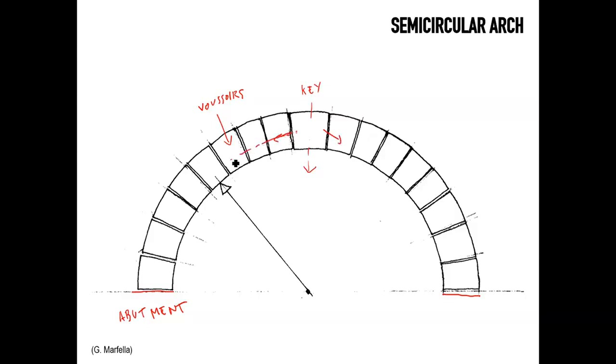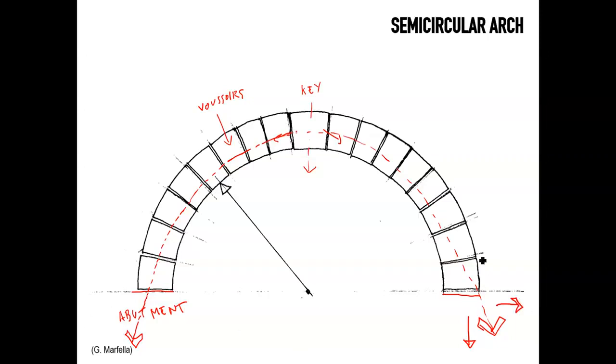So what happens in essence is that these compressive loads tend to transfer themselves and eventually result in a discharge on the sides, which, depending on the configuration of the arch, may have two components of discharge of the loads. So one is the vertical load and one is the horizontal load.